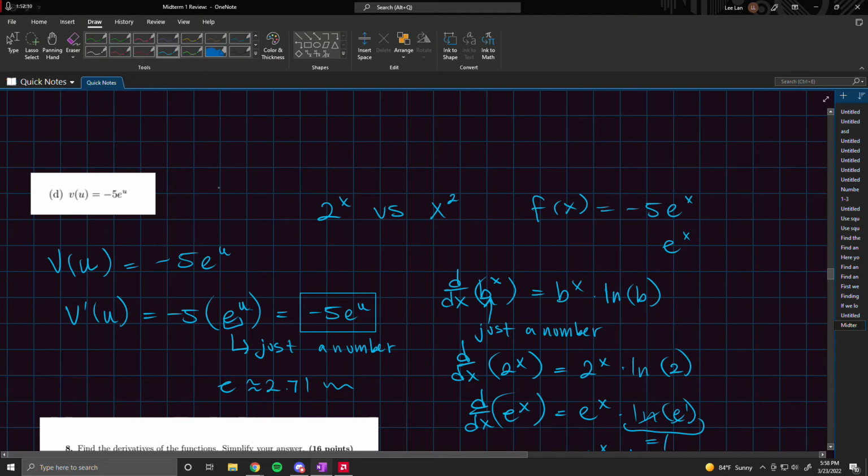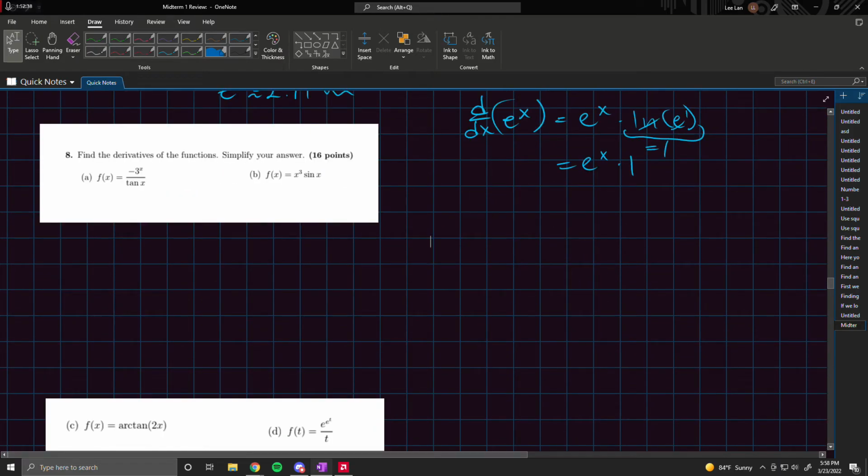Lots of students might be tempted to use the power rule, bringing the x in front: x times 2 to the x minus 1. This is wrong. Make sure that you do not use this here. These are completely different things.